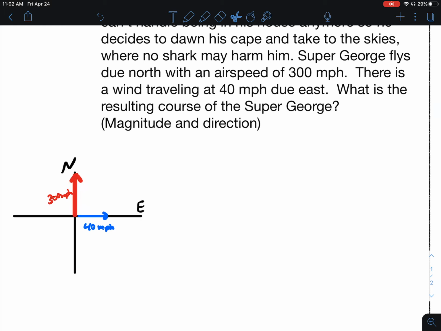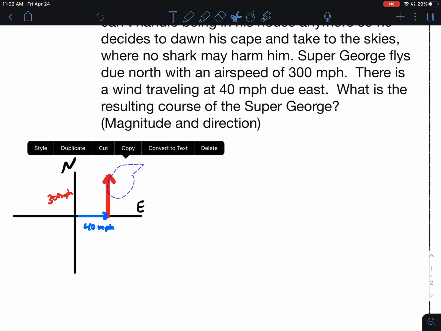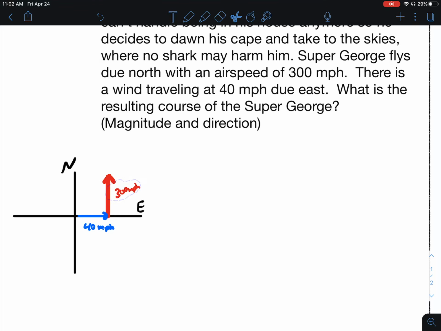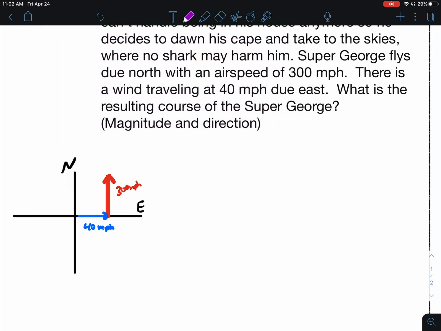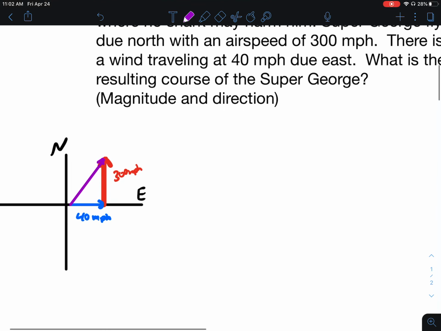Okay, so if I take this, I can move this vector any place, and it's the same vector. I'm going to move it right here. You could draw this now. And we are after, if we go 40 miles per hour east and 300 miles per hour north, what is the resultant vector, this purple vector? Now to figure this out, really it's just right angle trig.